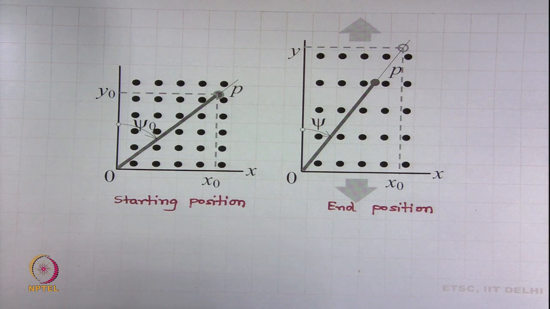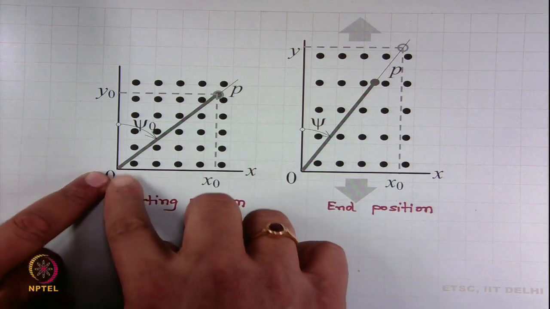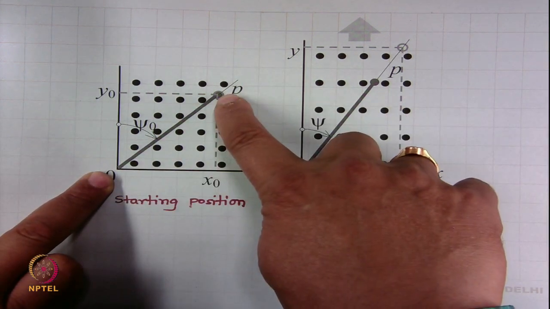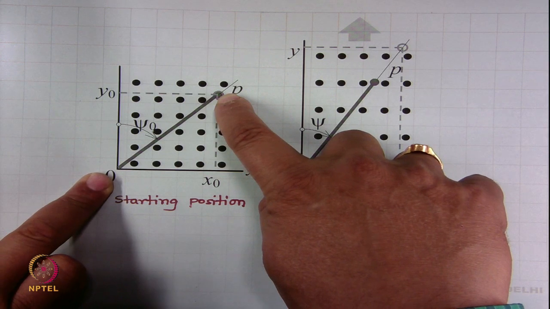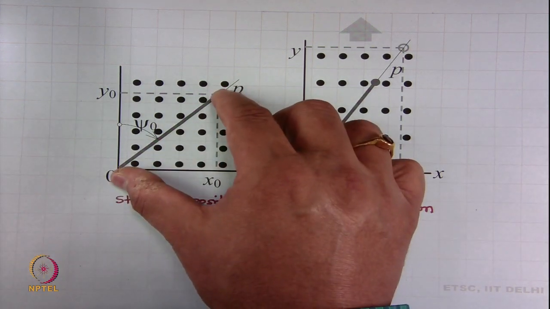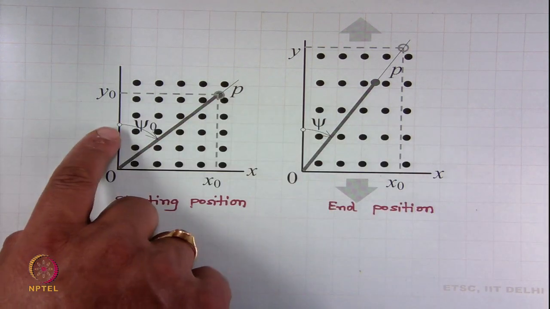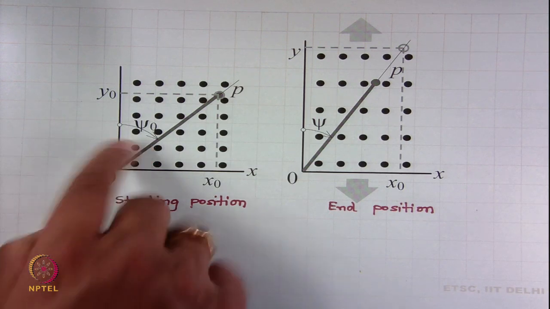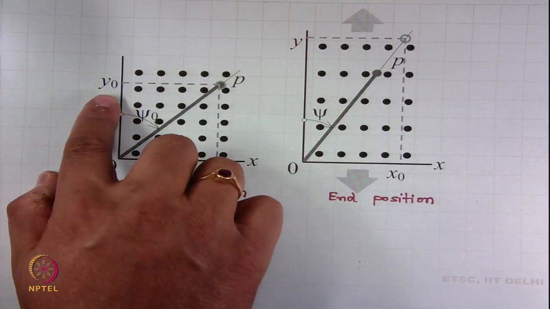What we see is that there is a fiber segment. Starting point is 0, the end point is at P. This fiber segment is lying on the flexible belt equipped with spikes. This fiber segment makes an angle psi naught from the y naught axis.